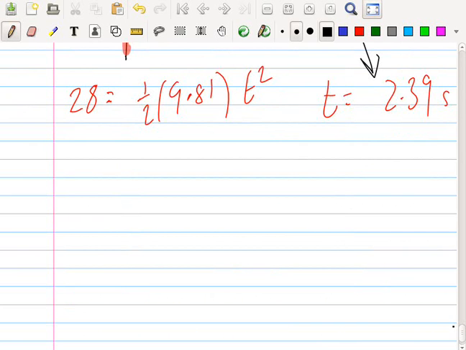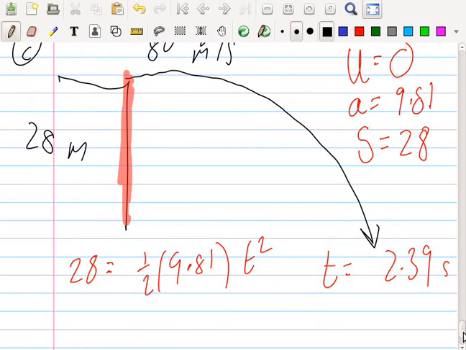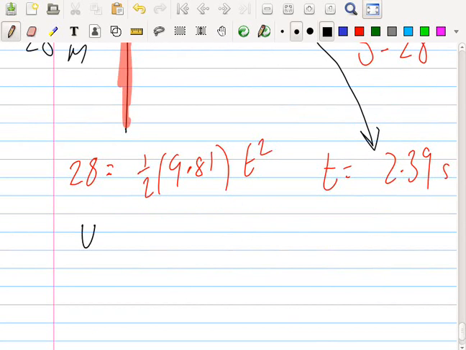All right. Next part is how far does it travel out from the base? So again, what do we use? SUVAT. So what's U, horizontally? 80. What's T? 2.39.